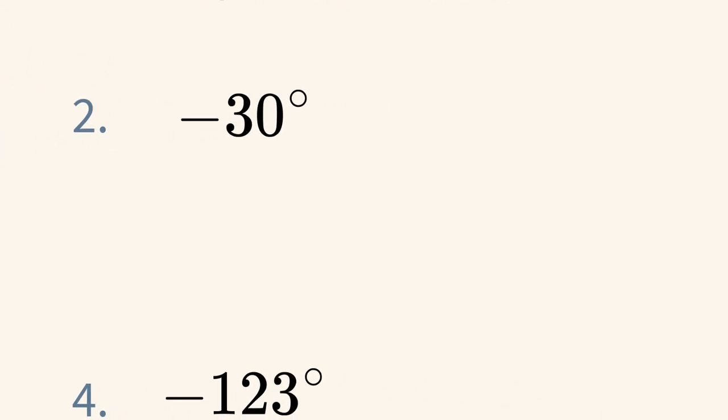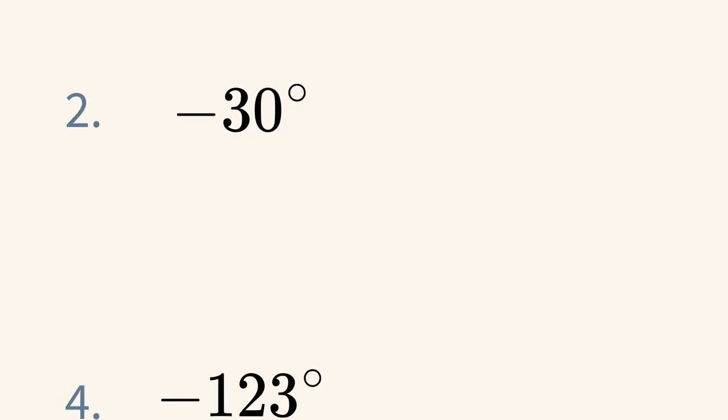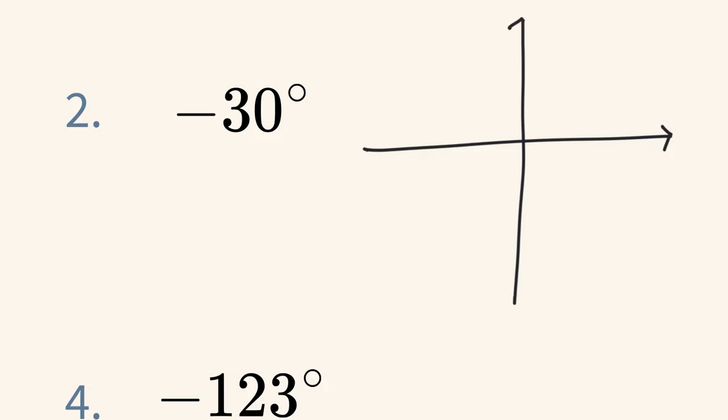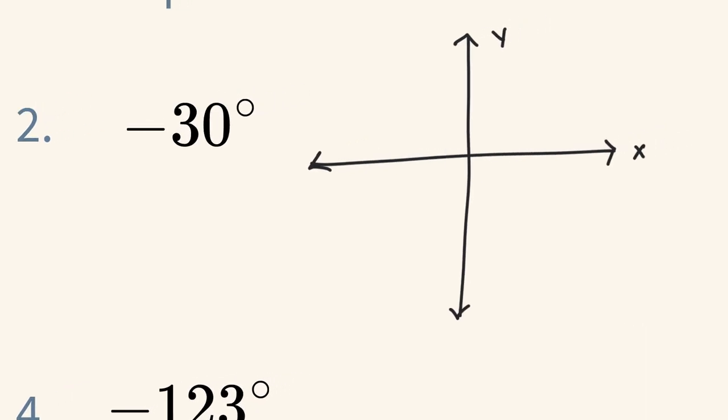Now looking at number 2, doing the same thing, I'm going to sketch that graph. Here's my X-axis, here's my Y-axis. Where would negative 30 be? It's negative, so which direction am I going in? I'm going clockwise. So this is 0.